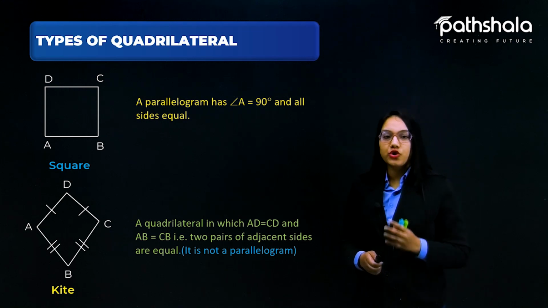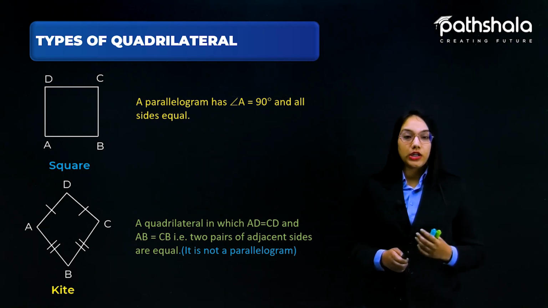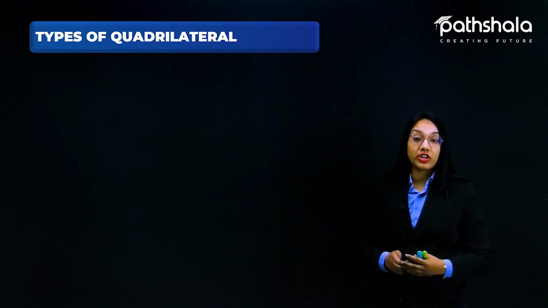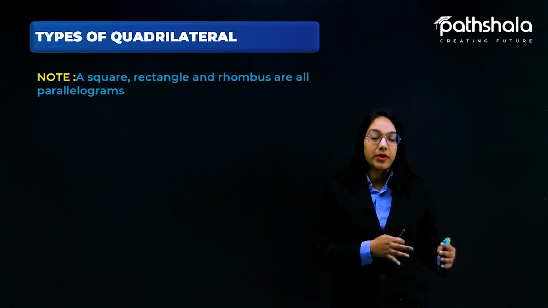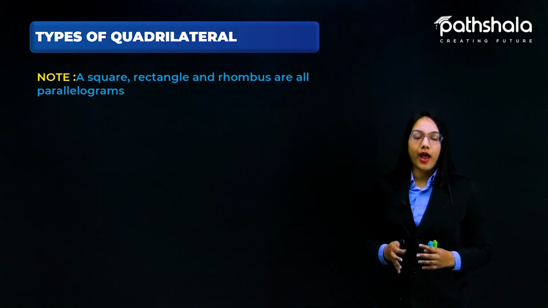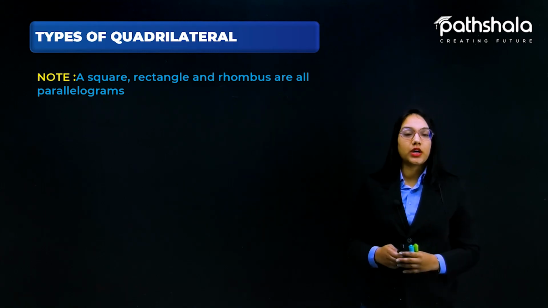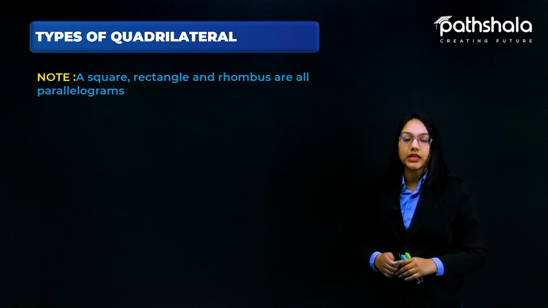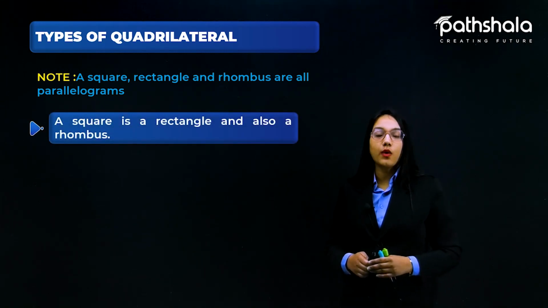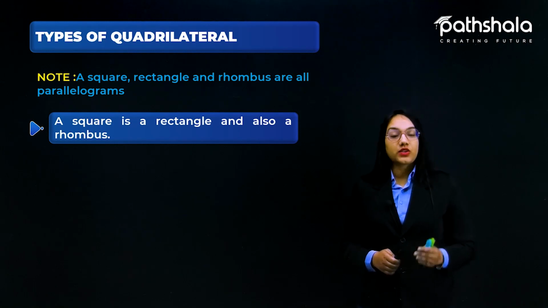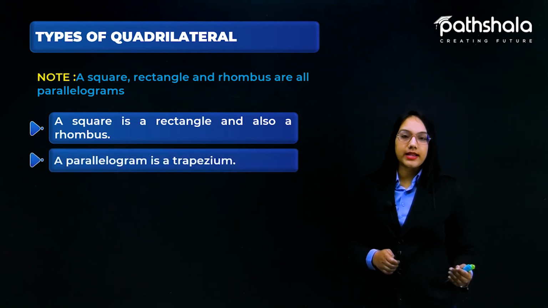After the discussion of these types of quadrilaterals, there is a special note that a square, a rectangle and a rhombus are all parallelograms, and some of the other important notes related to them are as follows. A square is a rectangle and also a rhombus. So we can call a square a rectangle and we can also call it a rhombus.